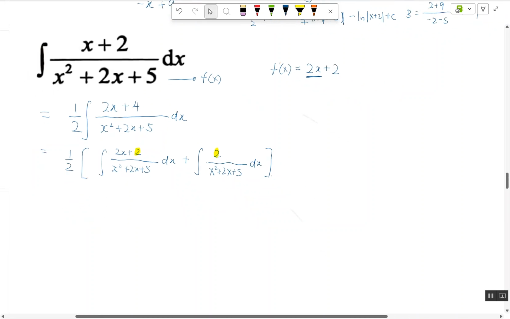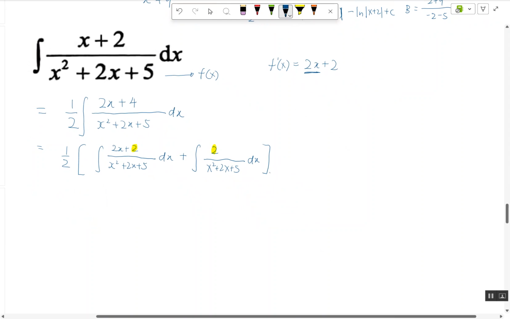Now the first step of doing this is so that I can force an f'(x) over f(x) out. When I integrate f'(x) over f(x), do you know your integration technique well enough? This is ln|f(x)|. The first integral of the fraction is just going to become ln|x² + 2x + 5|. That's it, because it's f'(x) over f(x).